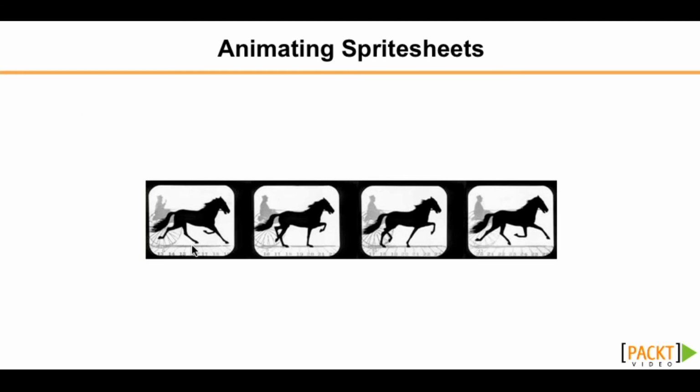So for example, let's take the animation of a horse running. So we have the first frame, third, and the fourth. And every time it's played, we get the illusion that the horse is moving its legs, right? When we look at a single frame.